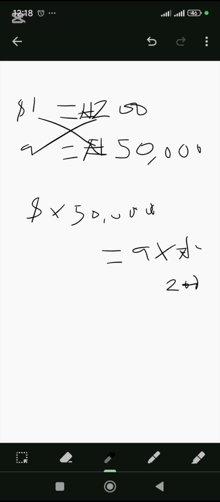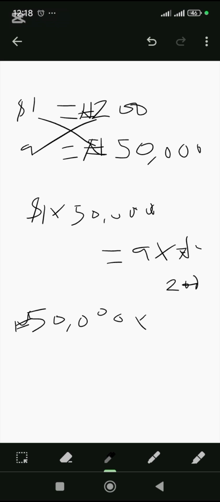Okay, so that you can have this $1 times 50. This will be 50,000 naira. Okay, but you can see exactly how this works.